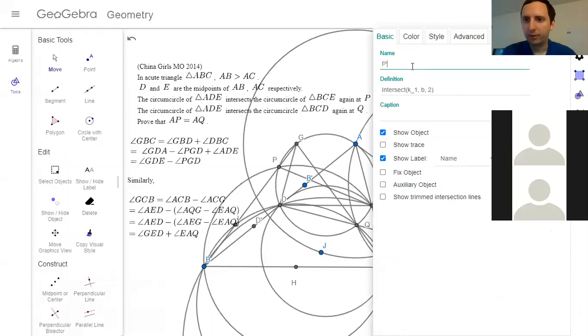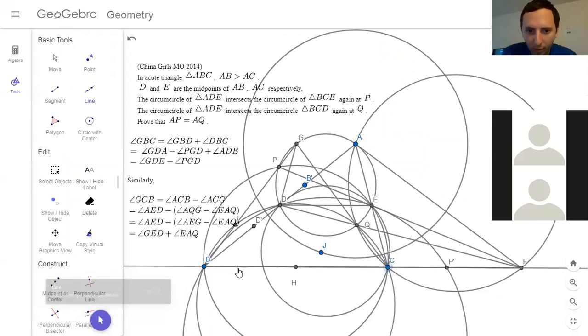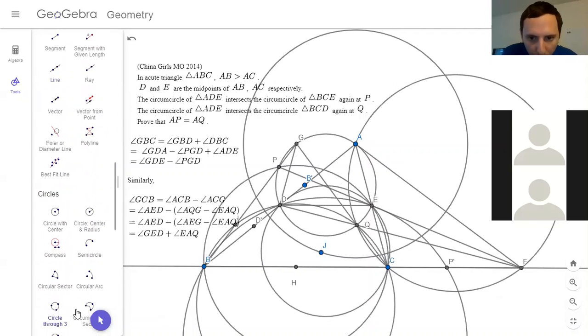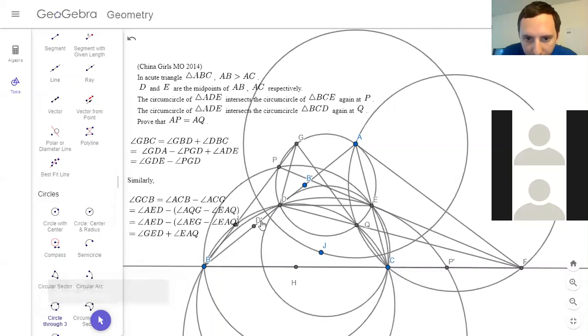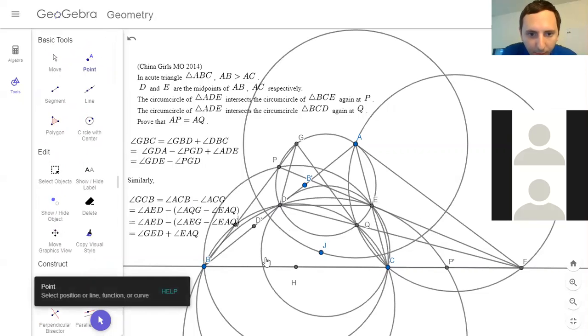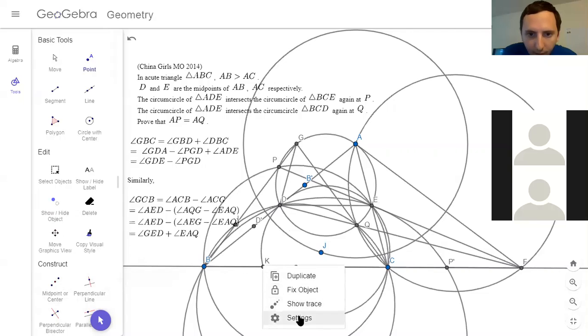Okay. So that's P prime. So we'll call that P prime. And then we could also draw Q prime. Yes, Q prime and P prime. So that was BED and then CED. So this would be Q prime right here. Yes.